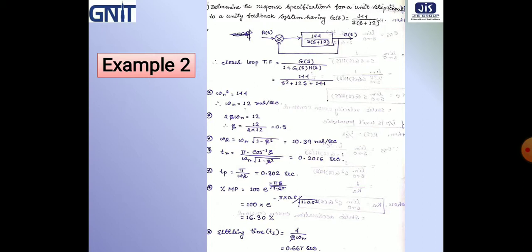And if we want to calculate the settling time with 2% error, then it will be 4 by zeta omega n. So it will be 0.667 second. So these are all the time domain specifications for this system.